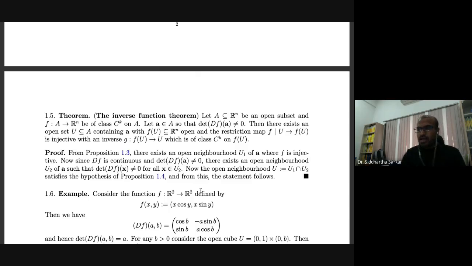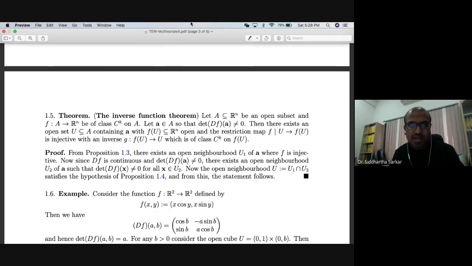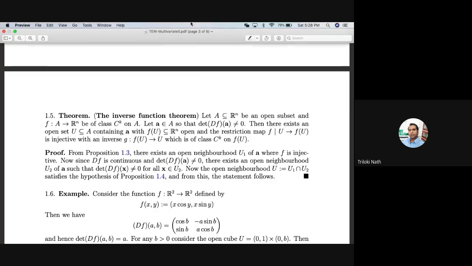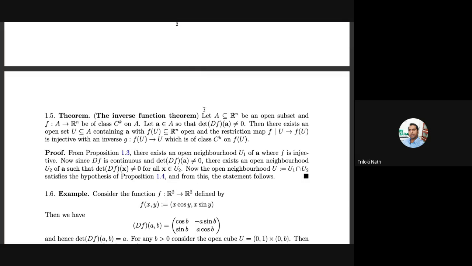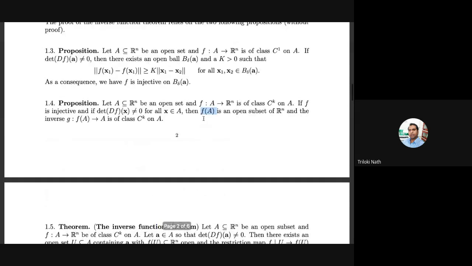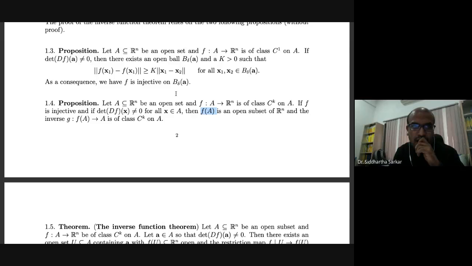Okay, any question? Am I audible by the way? I think in proposition 1.3 there should be less than or equal to in place of greater than or equal to. No, actually, I think this is not a problem.